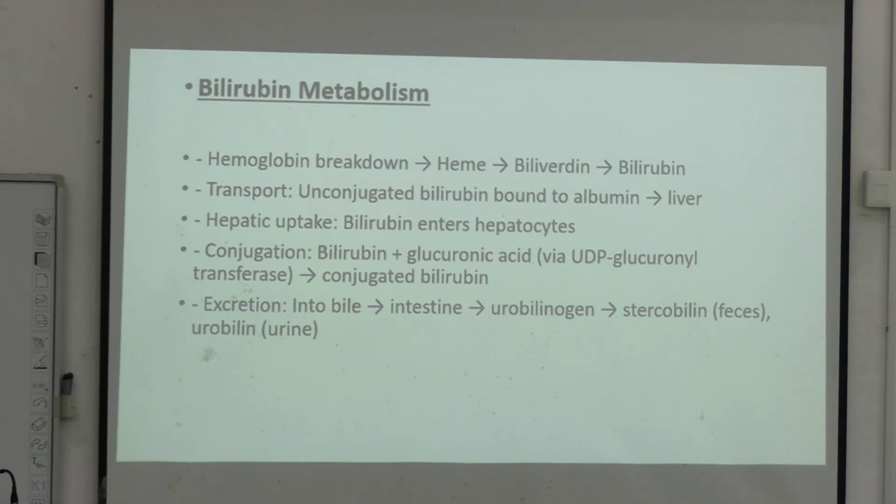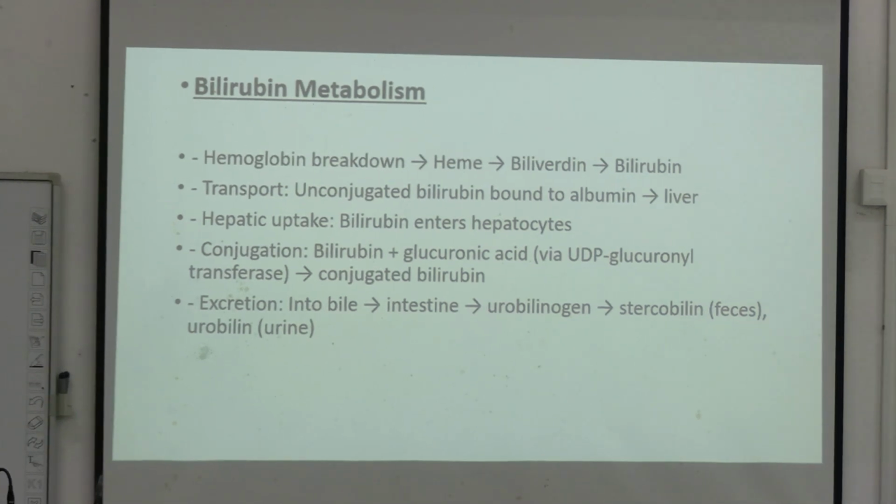Bilirubin enters the hepatocyte, conjugation, bilirubin plus glucuronic acid, conjugated bilirubin, excretion into bile, then in the intestine forms urobilinogen and stercobilinogen. And urobilin is excreted in urine and stercobilin is excreted in feces.